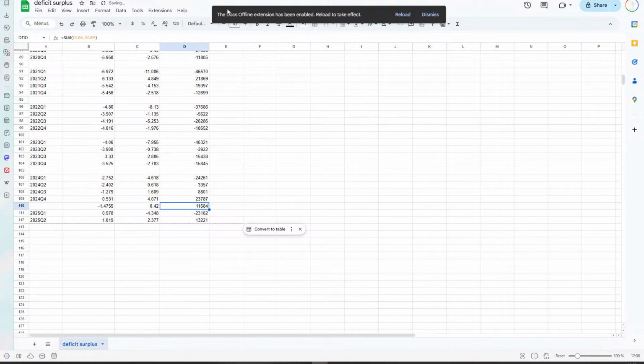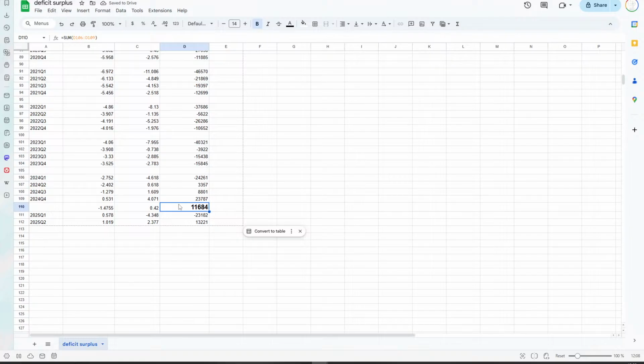I have a deficit of 111 billion. Wow, it's a great number.